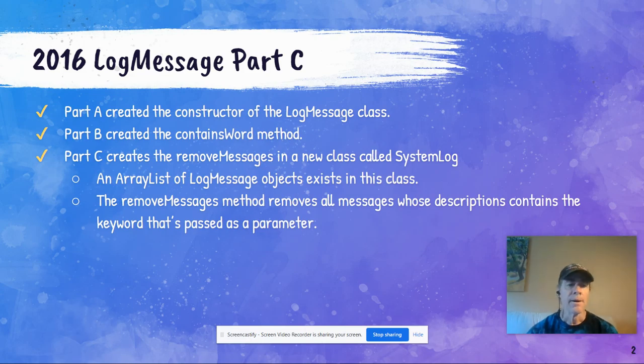And then part C was a whole other class that I overlooked. And in part C, we're going to remove messages from an array list. And then we're going to return all of the messages that were deleted, as it were, or removed from that. So that's part C.